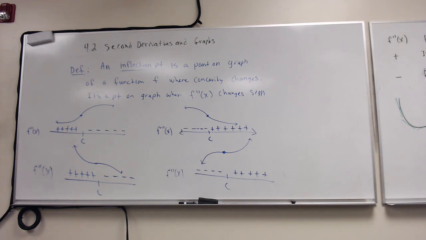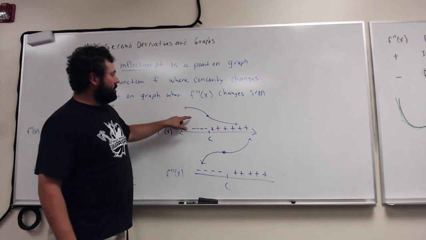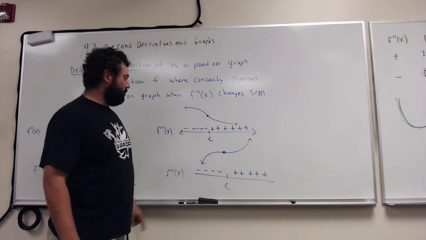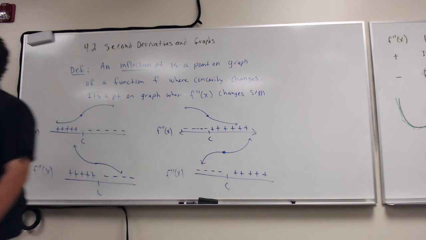So there are some different possibilities. You can be increasing and change from concave up to concave down. You can be decreasing and change from concave up to concave down. Or vice versa for the other case: you can be decreasing and change from concave down to concave up, or you can be increasing and change from concave down to concave up.